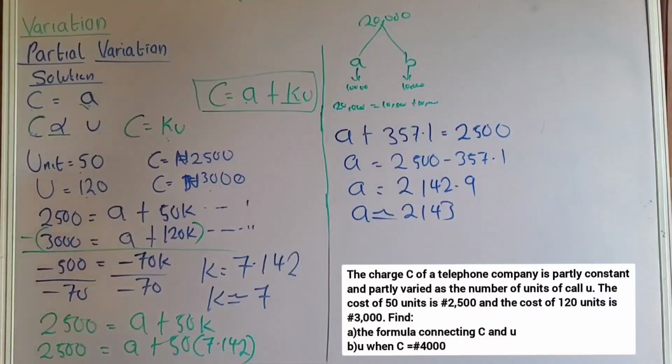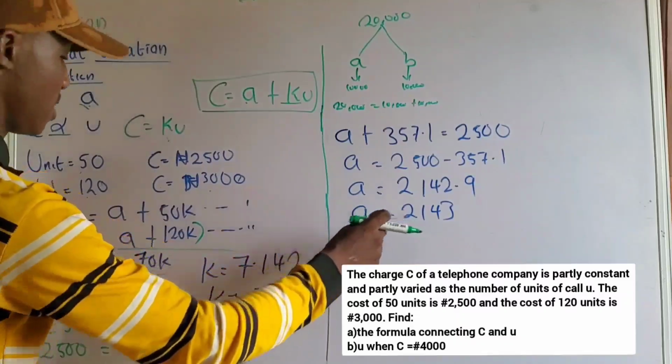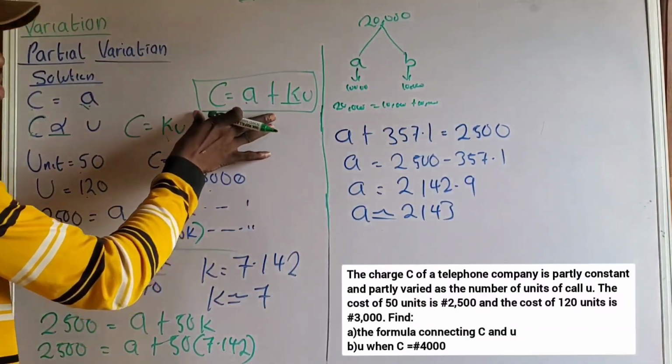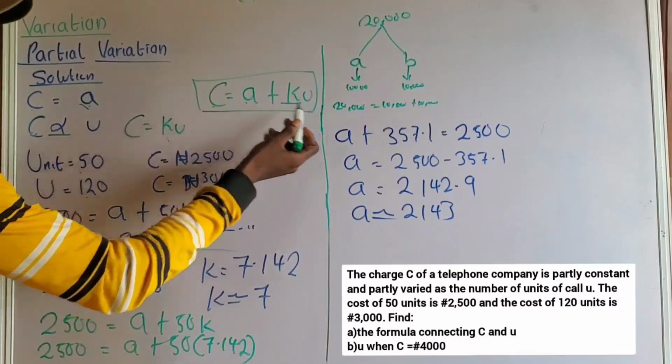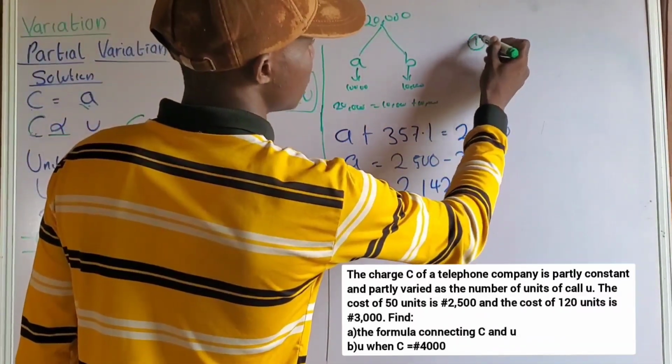Now, having gotten the value of A and K, you can substitute the value of A and the value of K into this equation. That will give us the formula connecting C and U. So that's the first question.